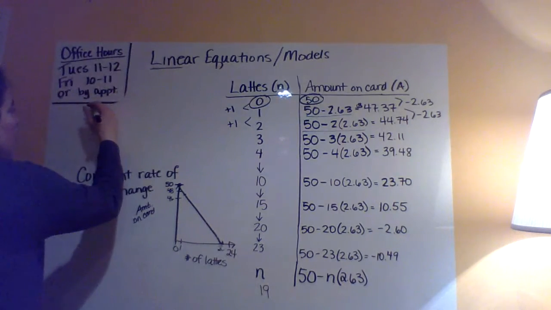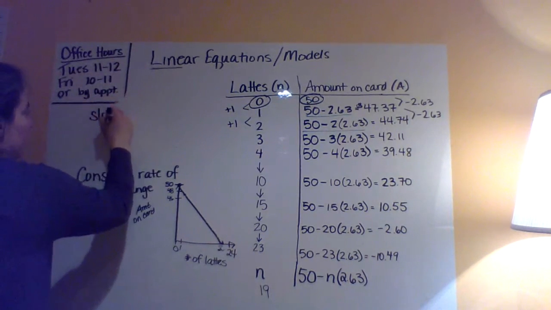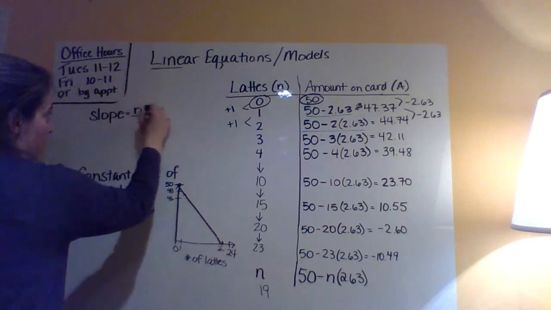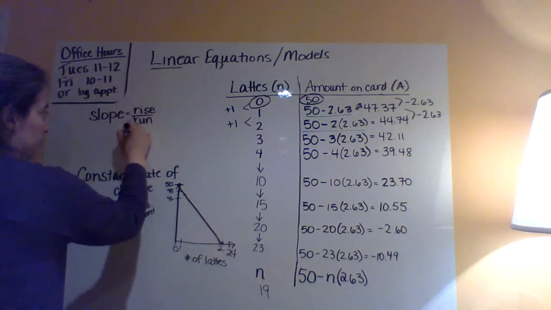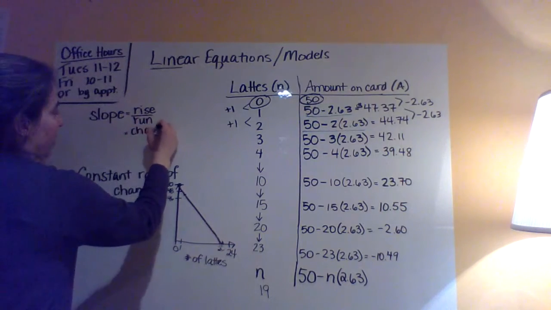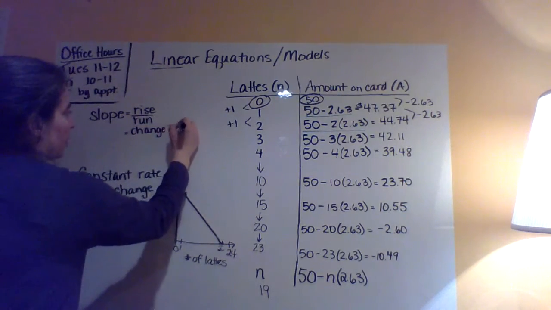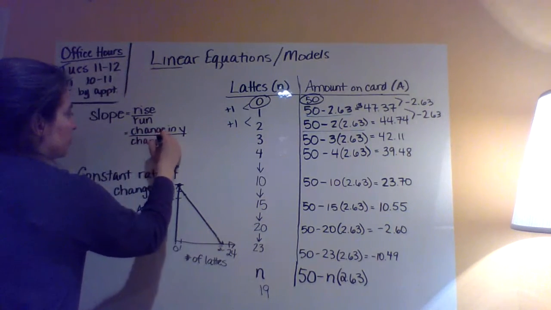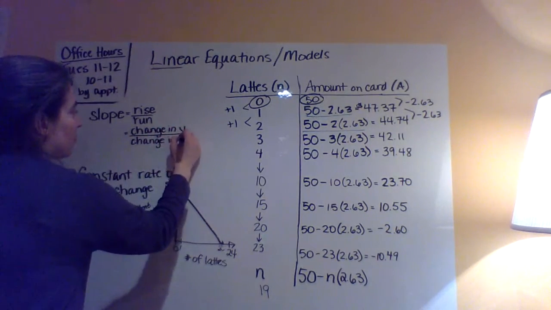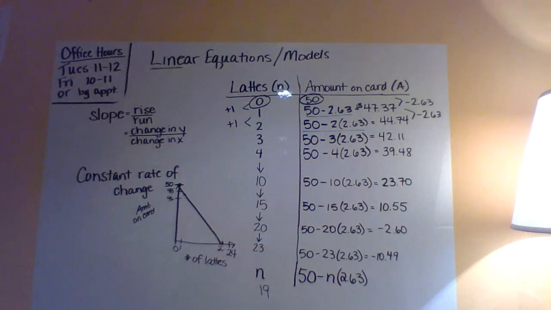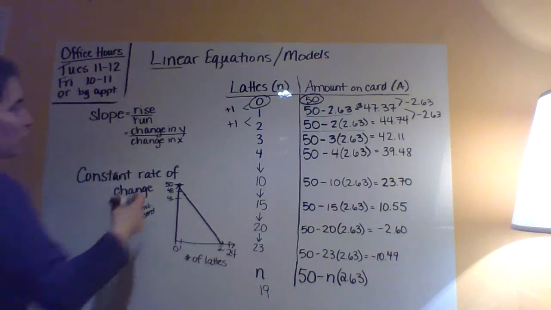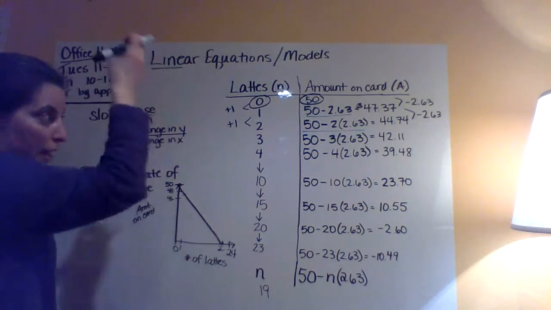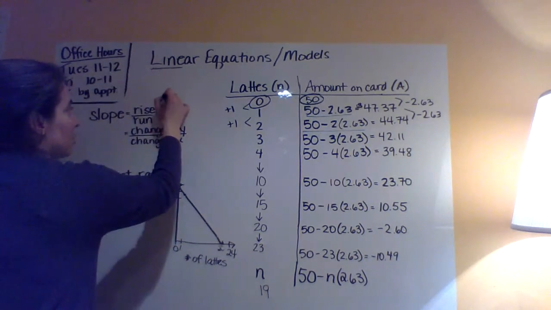So the slope, which you might remember from other classes, we sometimes talk about as rise over run, or we talk about it as the change in y over change in x. In either case, the rise, think about a balloon rises, it goes up, or an elevator rises, goes up and down.